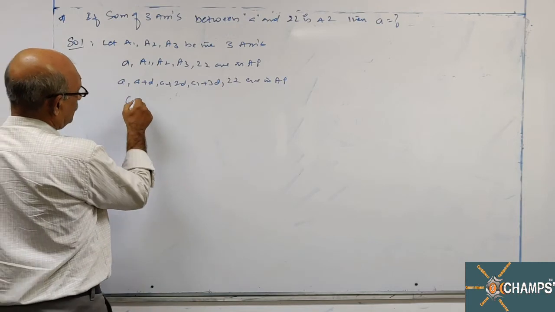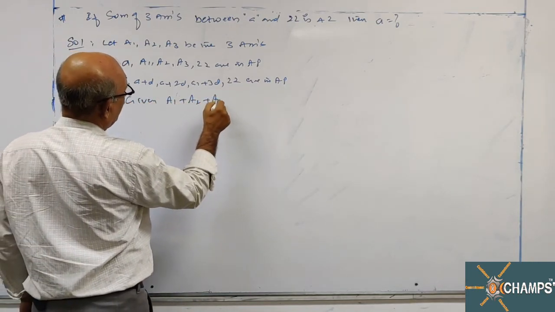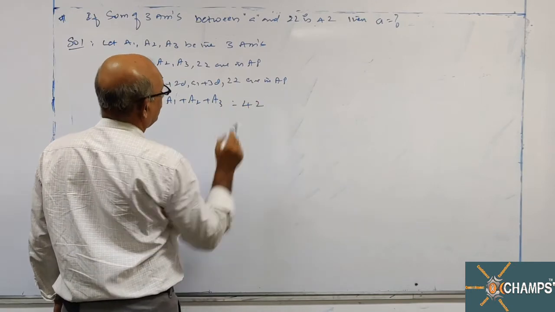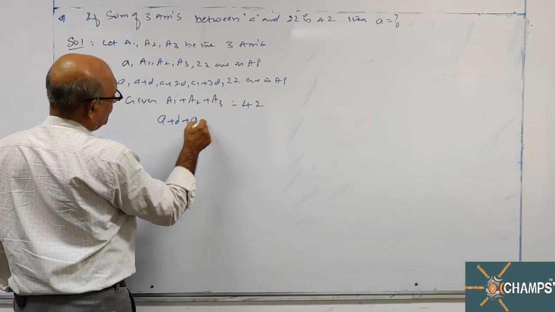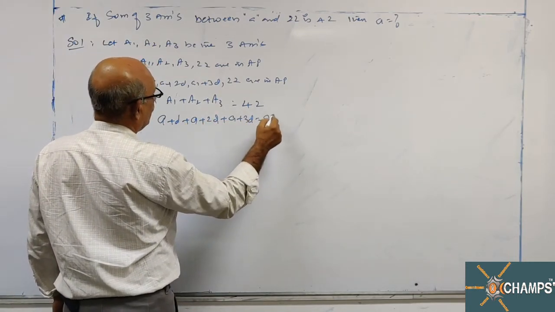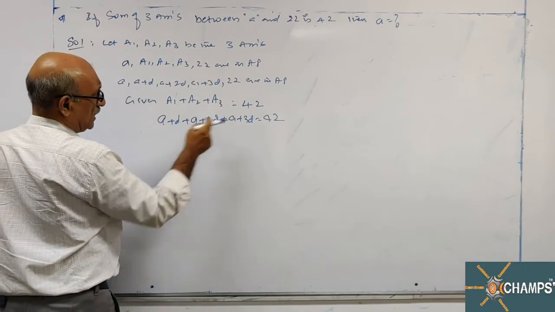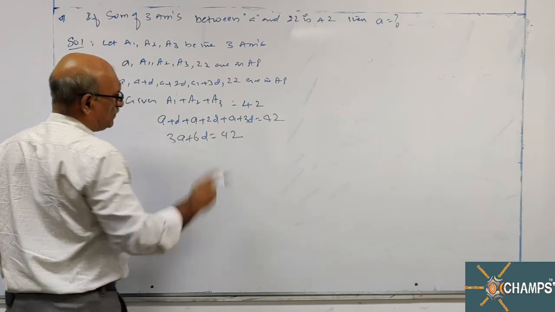Given A1 plus A2 plus A3 is equal to 42. So A plus D, A plus 2D, A plus 3D is equal to 42. 3A plus 6D is 42.